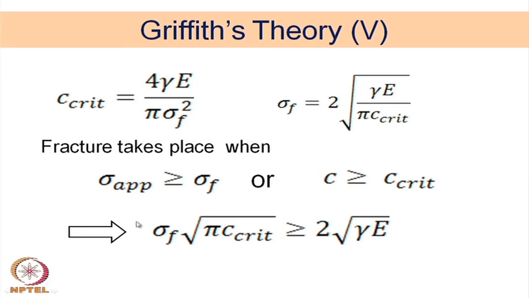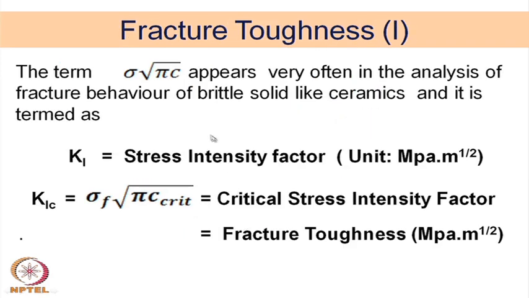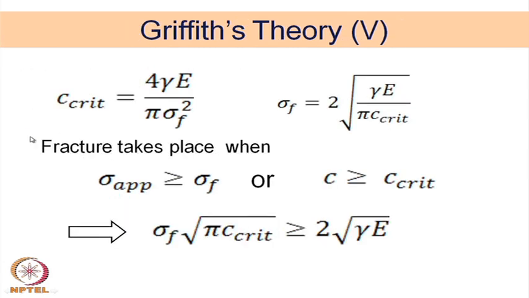Okay. So, that is what the Griffith theory says, and this particular product appears in many different calculations whenever we are considering different forms of mechanical energy or mechanical property. The term sigma root over pi c, that is what we have seen earlier.